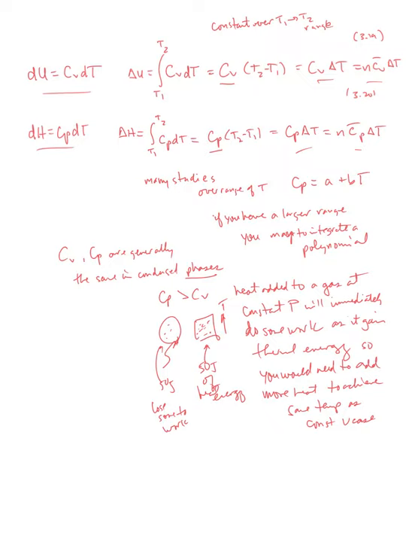Because as the balloon expands, and I'm moving my hands, which you can't see, you're not achieving the same kinetic energy of the molecules, so you need more energy to achieve the same level of temperature increase. So that's why that's true.